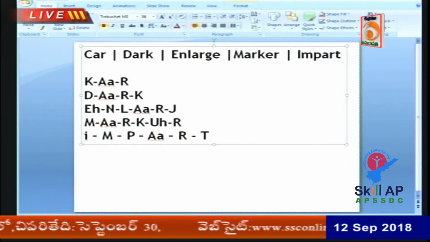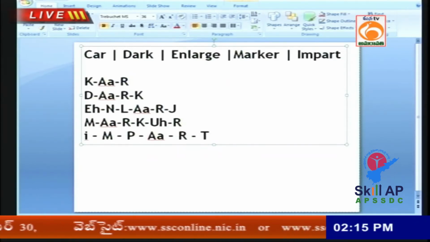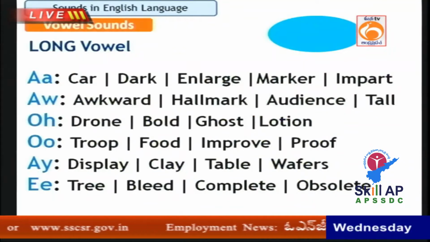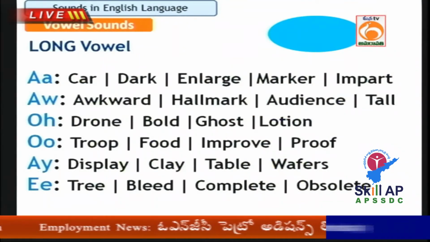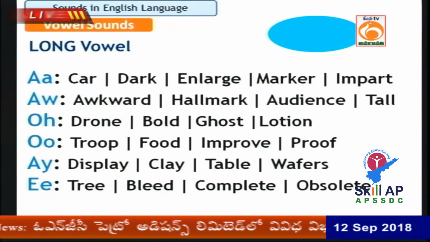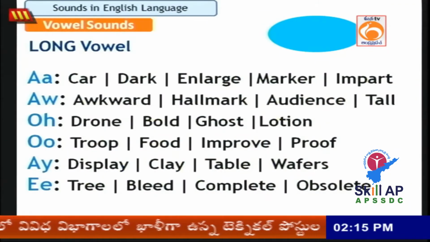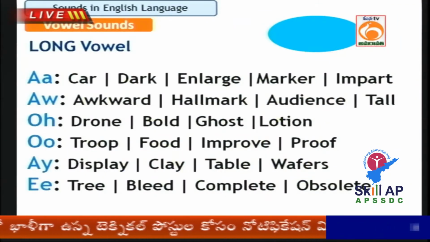So see how I broke it? You can do the same with any words that you come across to understand the sounds better. So car, large, dark, enlarge, marker, impart.